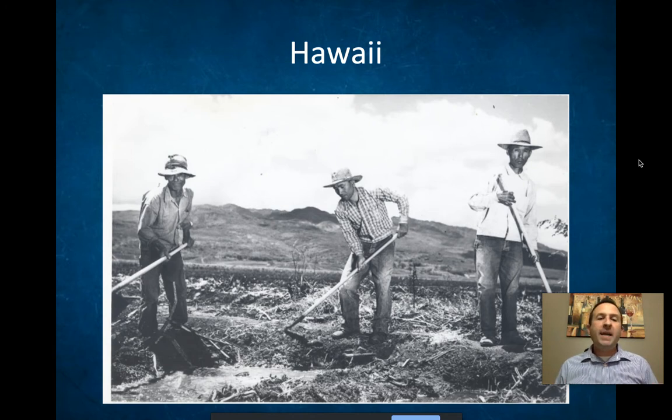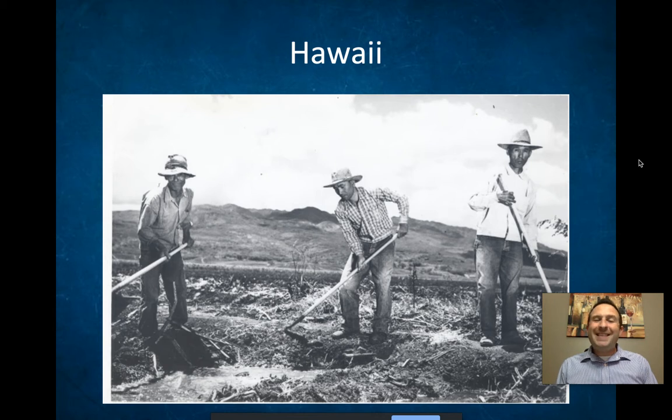But Hawaii, since 1795, had been its own unified kingdom. Despite that, there had been a sizable American missionary settlement there as well, along with a number of U.S. planters.